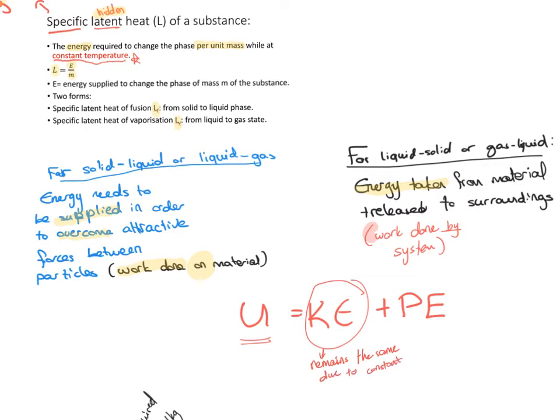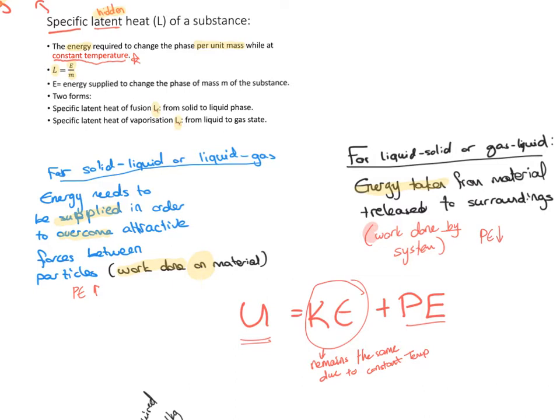However, the potential energy will change. So if you're going from a solid to a liquid or a liquid to a gas, the potential energy increases. However, if you're going from a liquid to a solid or a gas to a liquid, the change is the opposite. So potential energy decreases.